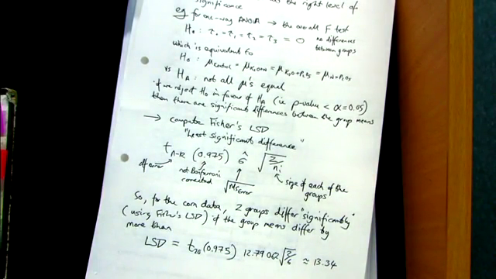So any two means that differ by more than that, we're going to declare to be different. Significantly different in the context of this experiment with this many replications and so on and so forth, under all the usual assumptions.